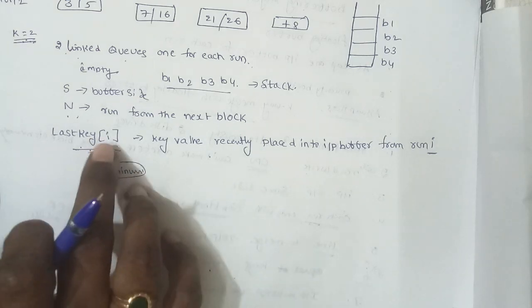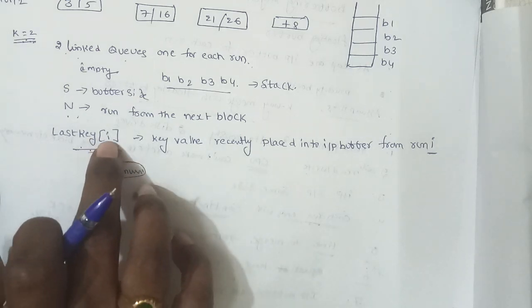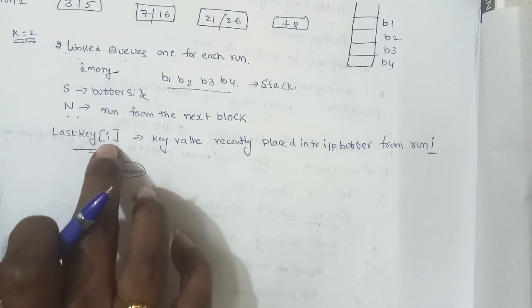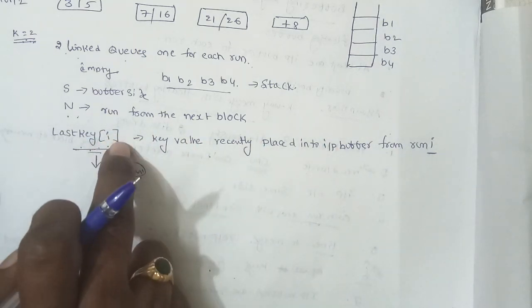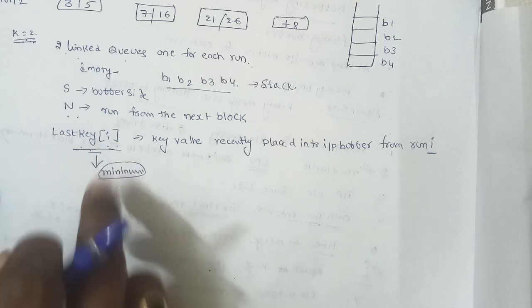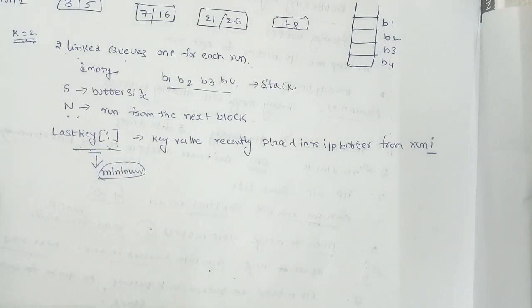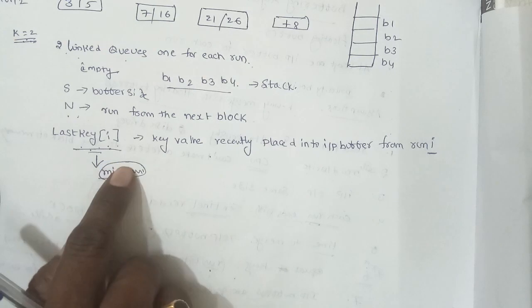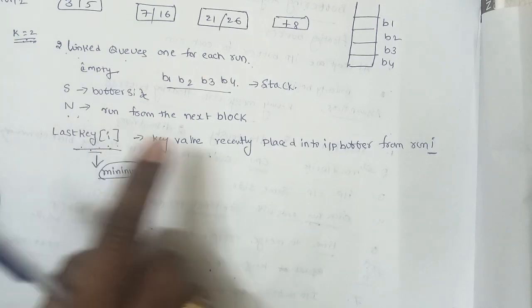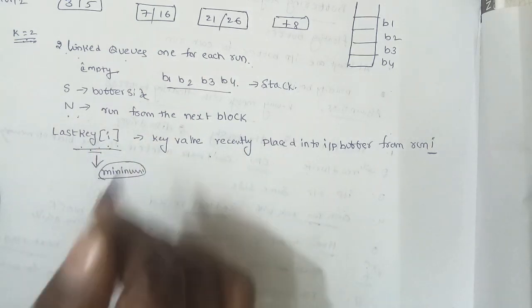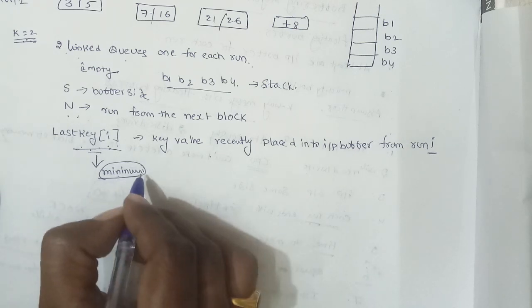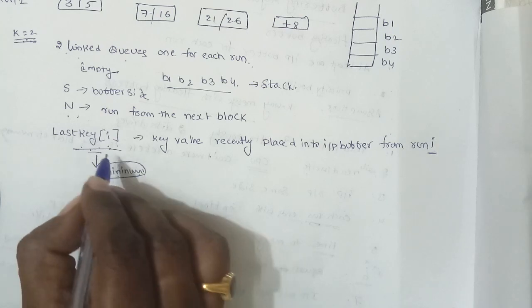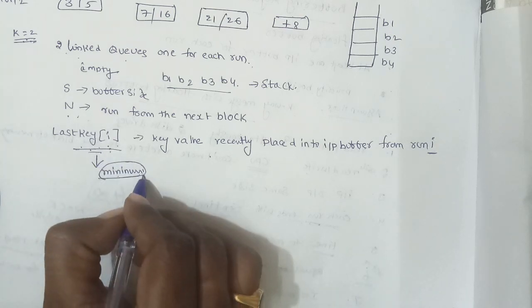You got it? What is the last key of I? The value that was placed into the input buffer from run I. For example, last key of 1 means the last placed value from run 1. Last key of 2, the last placed value from run 2. I am comparing those two values. So among these, what is the minimum one, either run 1 or run 2?